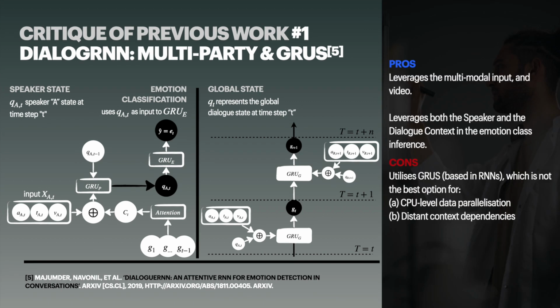This model leverages the three modalities of the input: text, audio, and video. It also leverages the speaker's context as well as the dialogue's context. However, GRUs are limited in terms of CPU-level data parallelization due to their recursive nature. They also paid more attention to recent interactions instead of long-range dependencies, which led to some classification mistakes.